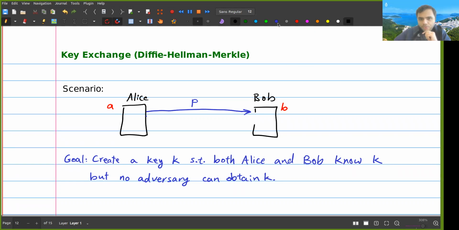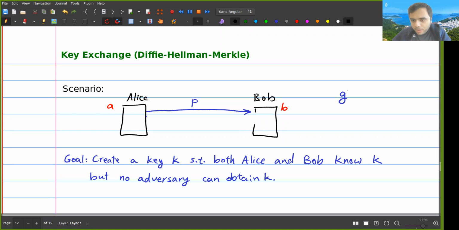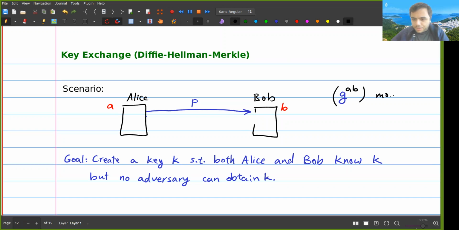I want to fix some number G, and then I want to compute G to the power of A times B. And of course, all of this is modulo P. Okay.